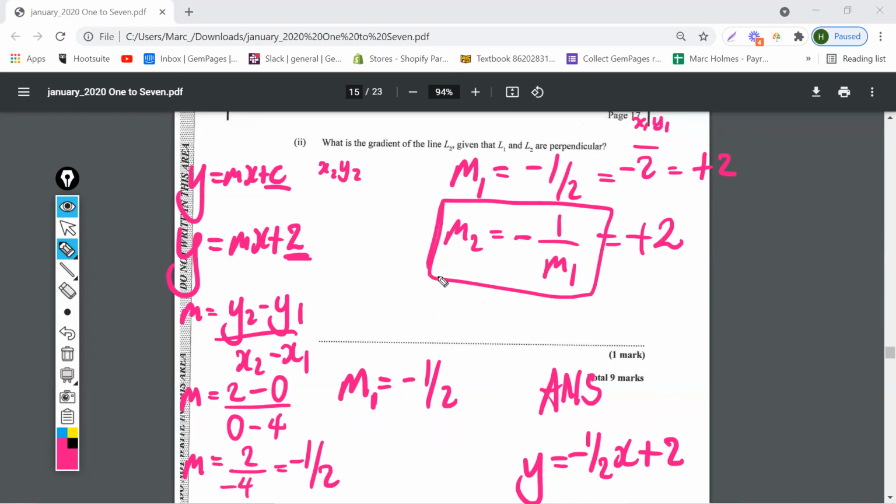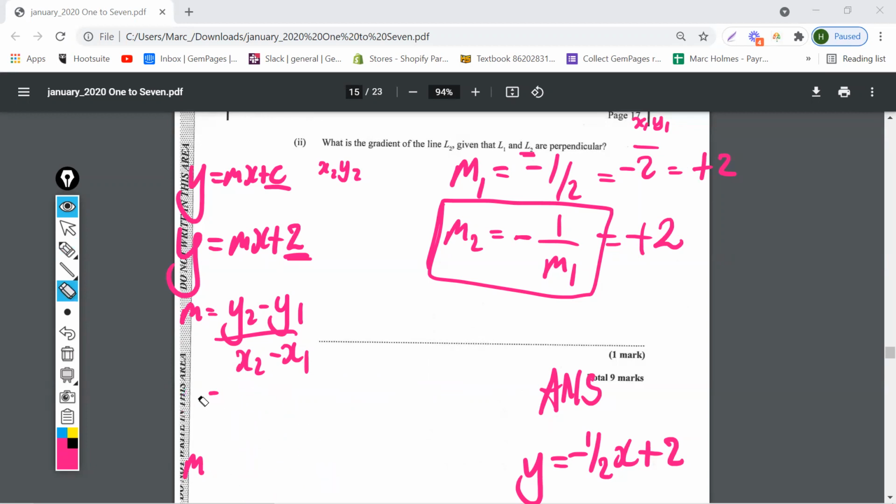But let's say, guys, that you don't remember this whole negative reciprocal thing, and you still need to find the gradient of the second line. Then you could also use a formula. You don't necessarily have to find a negative reciprocal.